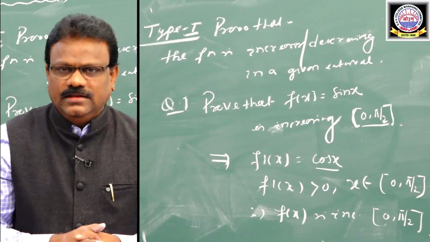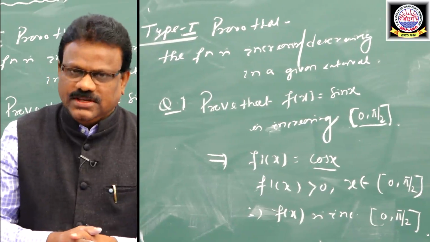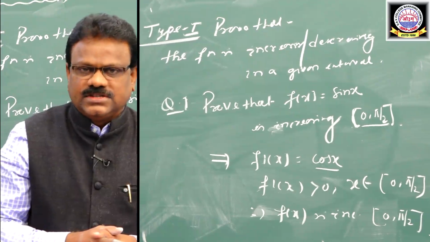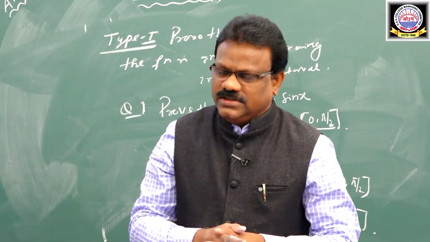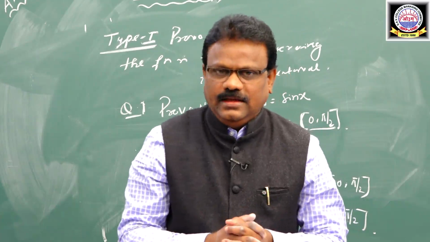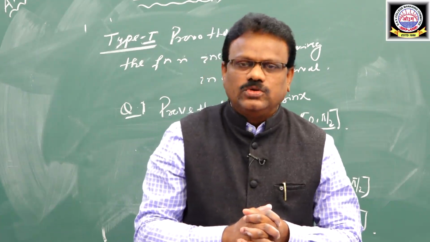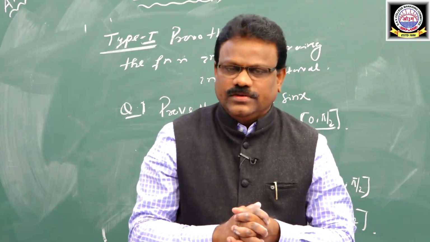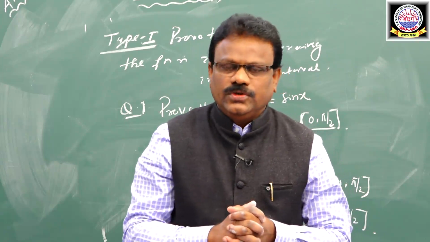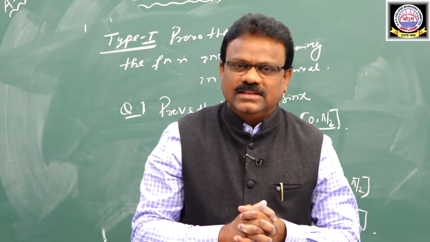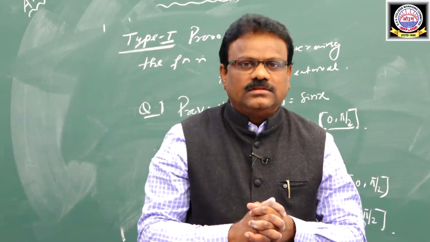Both mathematically and graphically we have seen that this is the right concept for finding the increasing and decreasing of a function. And finally, I have discussed the algorithm or the steps for how to find the intervals where the function is increasing or decreasing, or how to prove the function is increasing or decreasing if the interval is specified in the question.